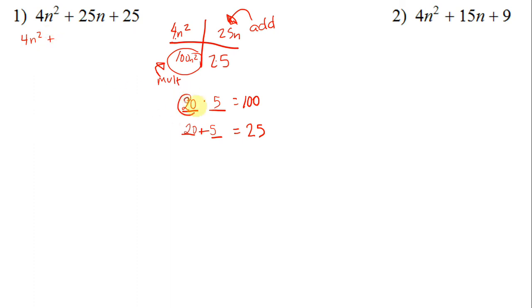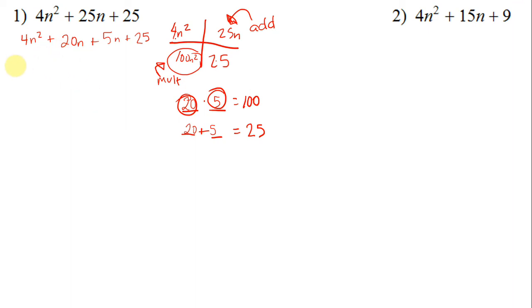So plus 20n plus 5n plus 25. Now I could have put 5n here and 20n here and it wouldn't have made any difference. I'd still end up with the same thing.